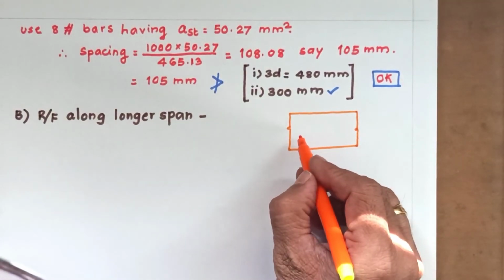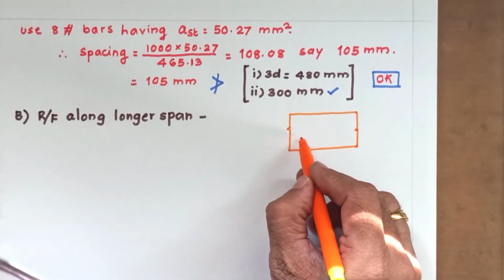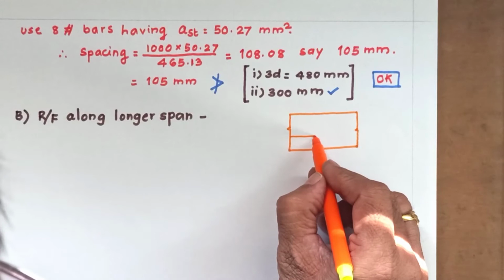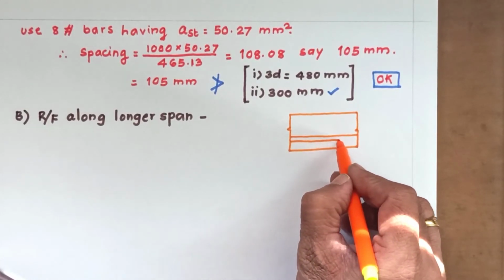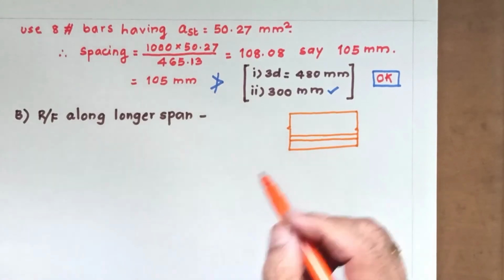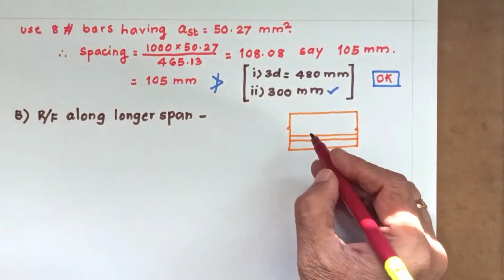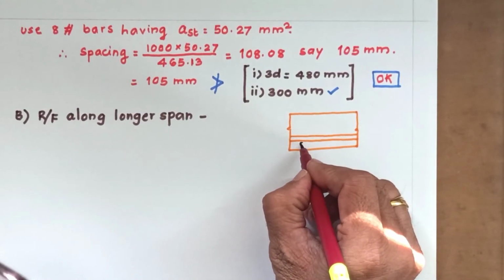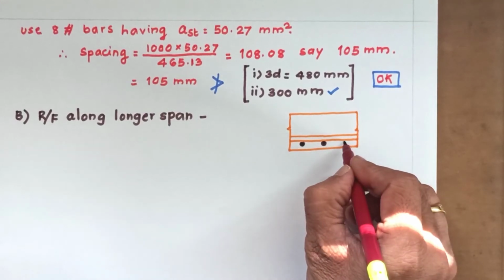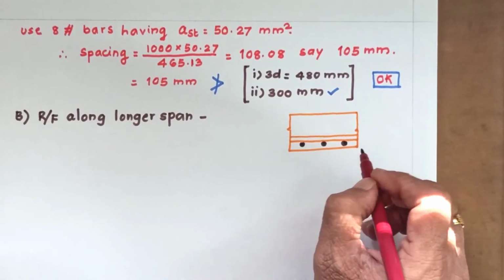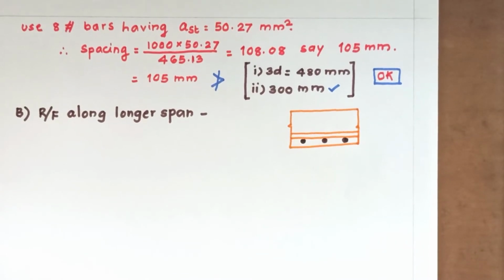So you will find that these are the main bars along the longer span, and these are the main bars along the shorter span.